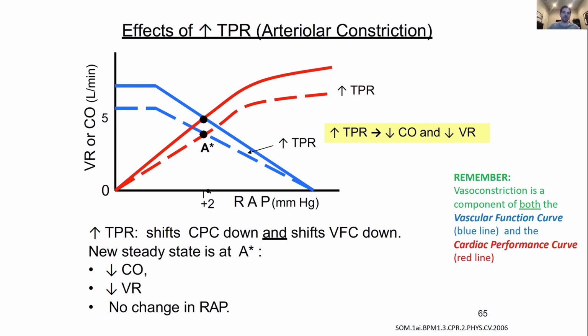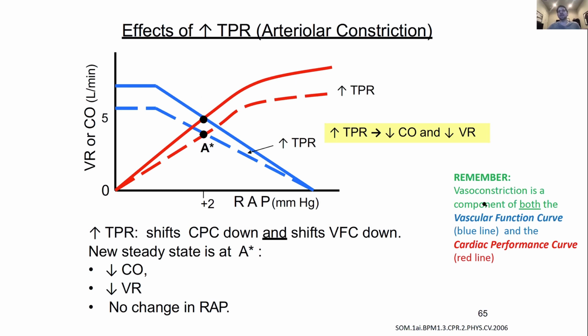So this is an important point to make, and you'll see it similarly when you work out, when you exercise, because, and we have a slide for it as well. You'll see that during exercise, that sympathetic activity will affect both sides. It will affect arteriolar constriction or dilation, and you'll see that even under exercise, by affecting both curves, you can stay at equilibrium.